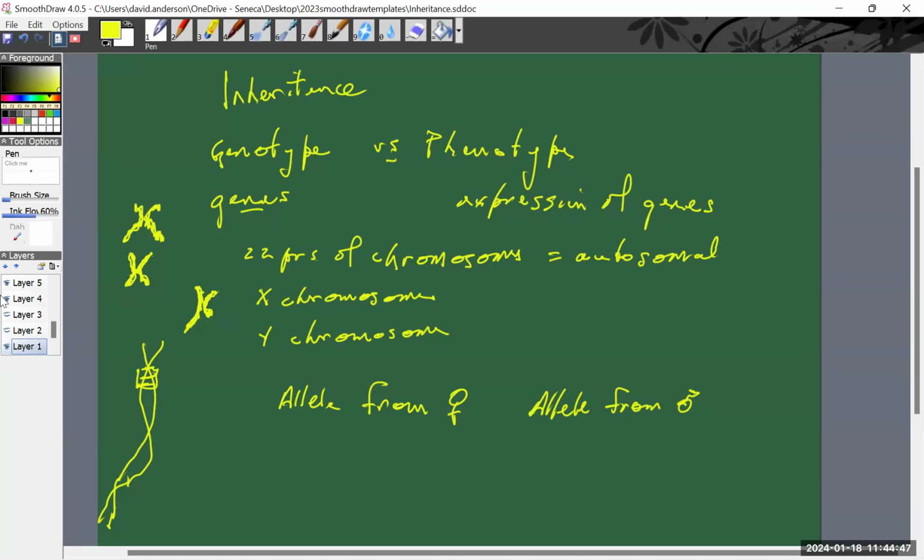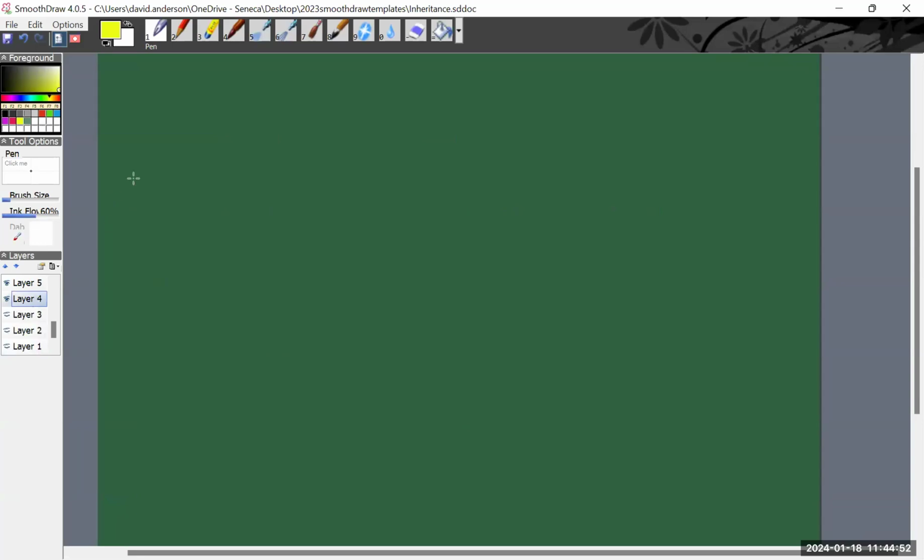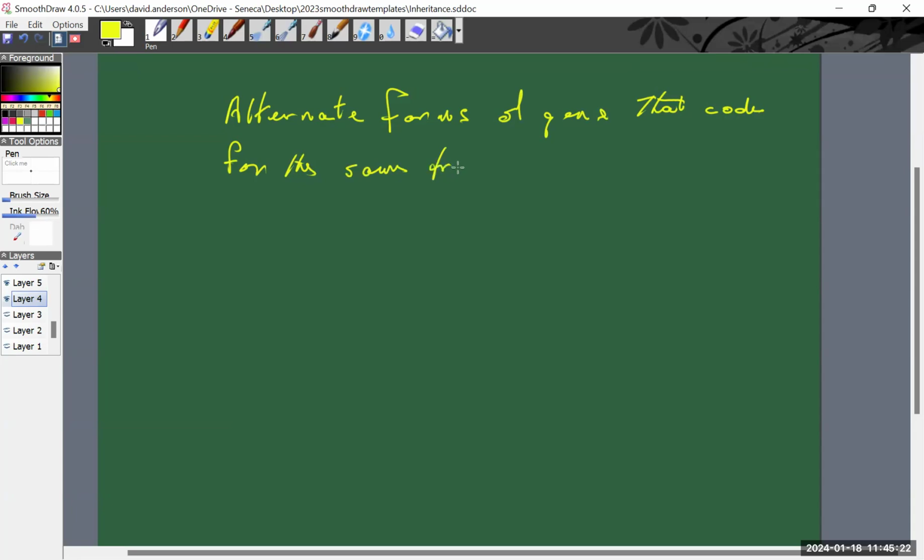Okay, so let's take a look. Let's move on to another slide here. Let's look at some of these alleles. So when we say that there are alternate forms of a gene that are going to code for the same trait, that's known as an allele.